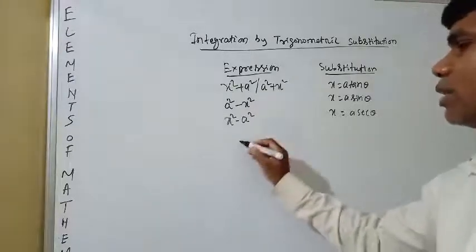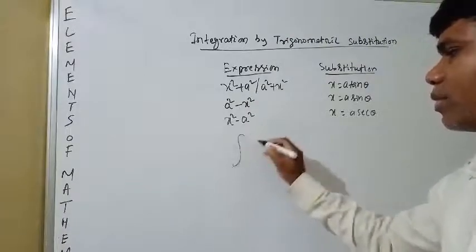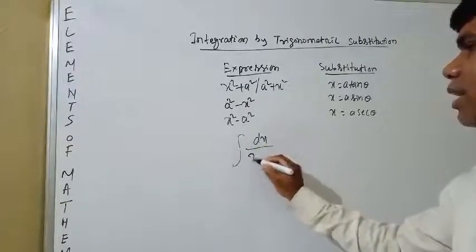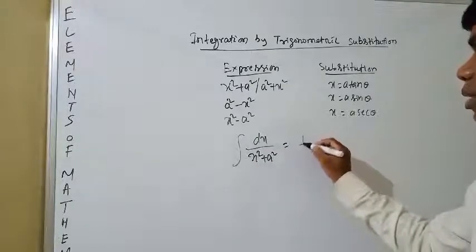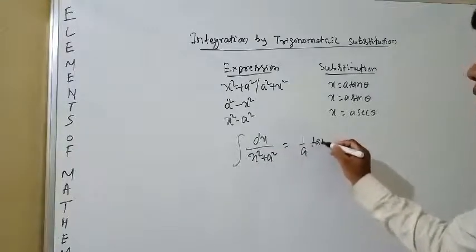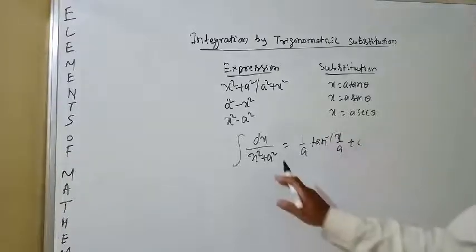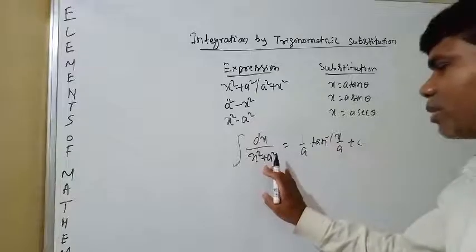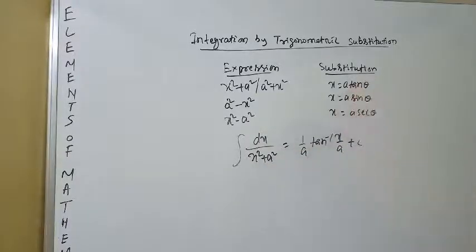Now you see, integration of dx by x square plus a square is equal to 1 by a tan inverse x by a plus c. You see here x square plus a square is given, that means in this case we have to put x is equal to a tan theta.